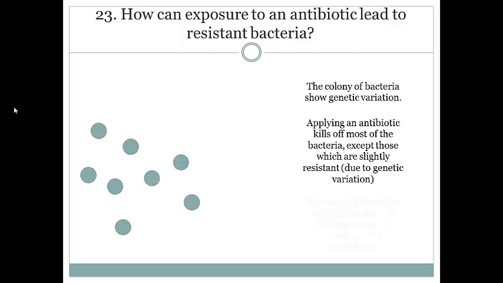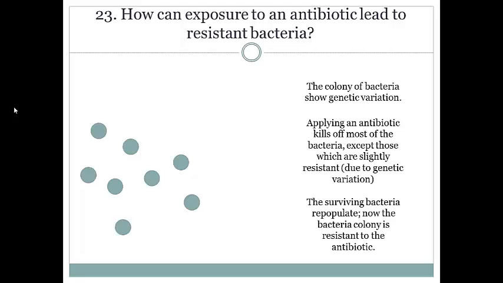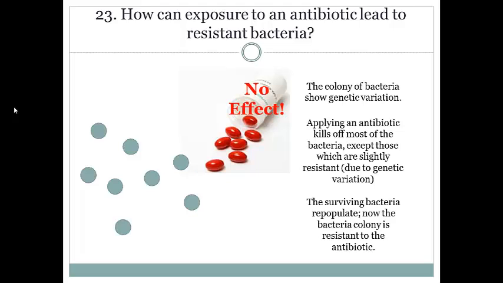Now the surviving bacteria repopulates, and now the colony is resistant to the antibiotic. So if I apply the antibiotic, no effect. This doesn't just happen in one generation, it's usually due to many generations of bacteria being treated by an antibiotic. That's why if you have a cold, the antibiotic is not going to do anything, one, because a cold is caused by a virus, but you could also be making resistant bacteria.